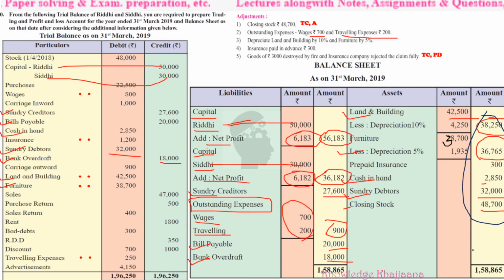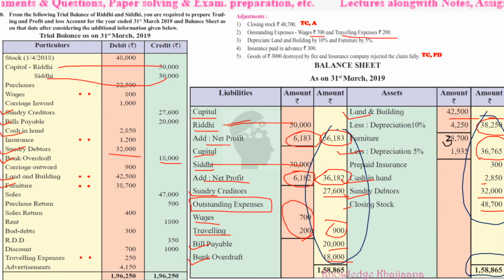It comes to rupees 1,58,865. Okay, and we will tally it with the total of the amounts on the liability side of the balance sheet. We total all these amounts, and the total also comes to 1,58,865. Okay, so with this the balance sheet given in illustration number 10 tallies. Okay, it is getting tallied.